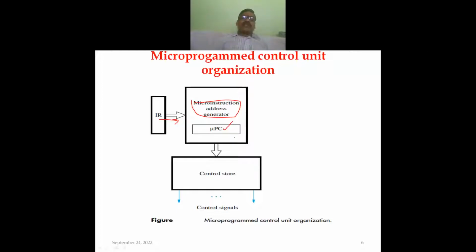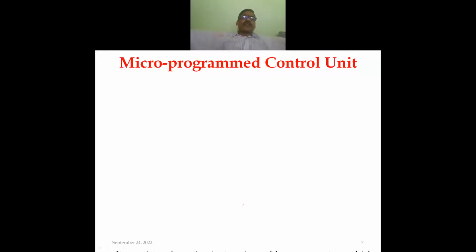Based on that, the generator produces the address of a microinstruction, which is stored in the micro PC and then given as input to the control store. Based on the input received from the micro PC, the control store generates the corresponding control signals. That is done through a program which we call a microprogram.